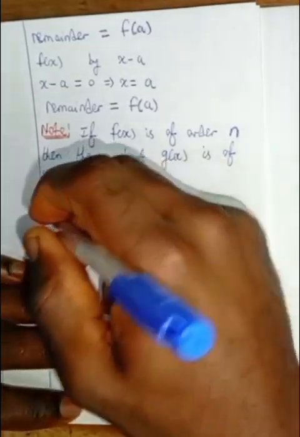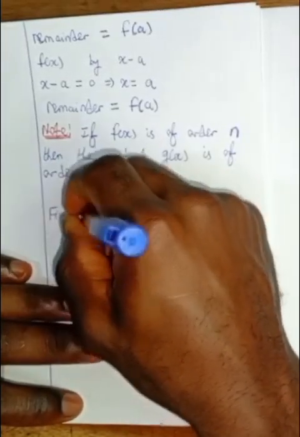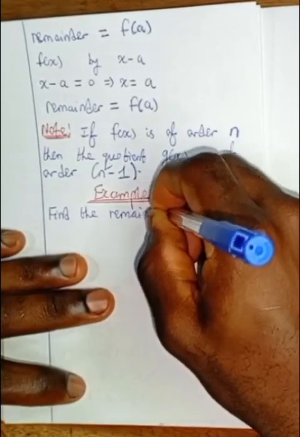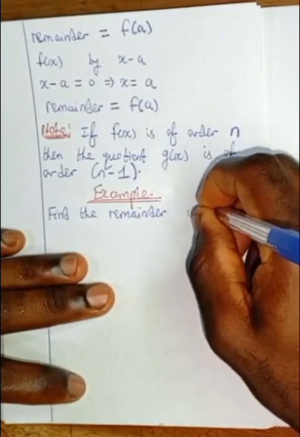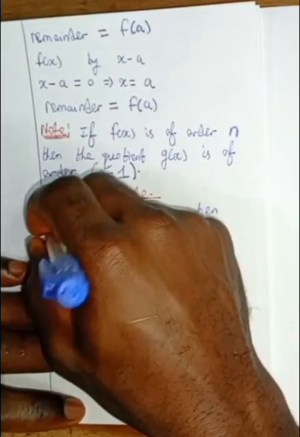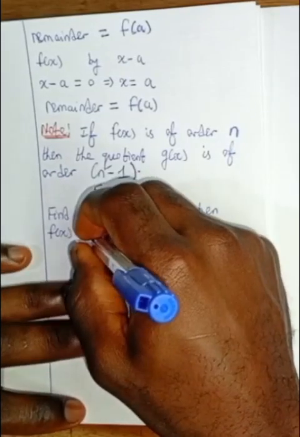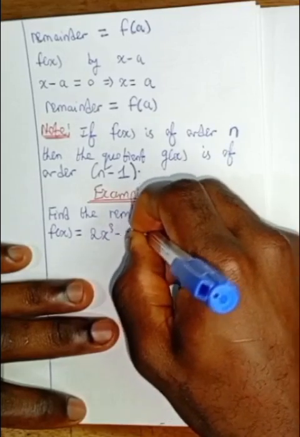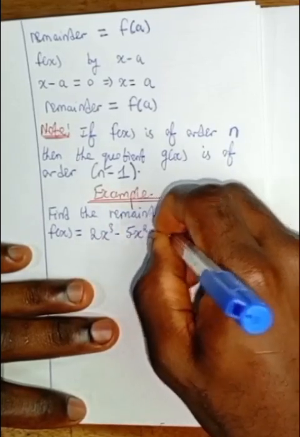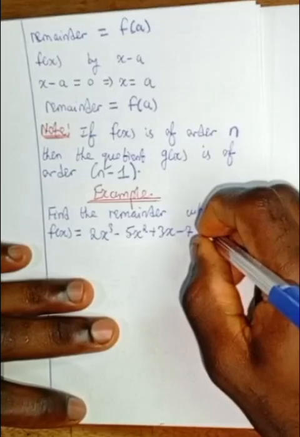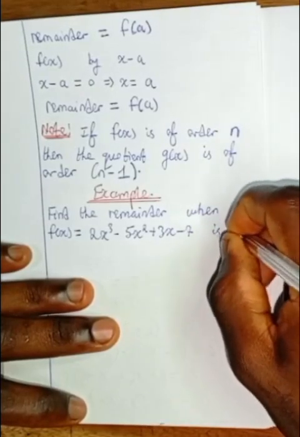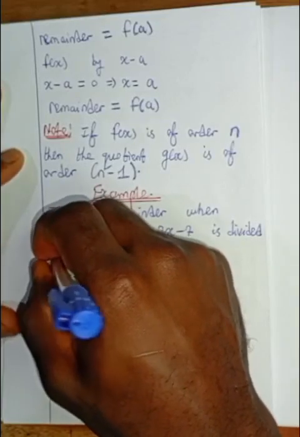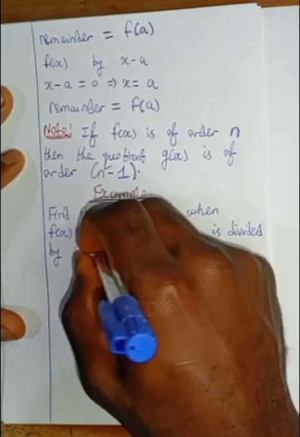It goes, find the remainder when f of x is equal to 2x cubed minus 5x squared plus 3x minus 7 is divided by x plus 3.